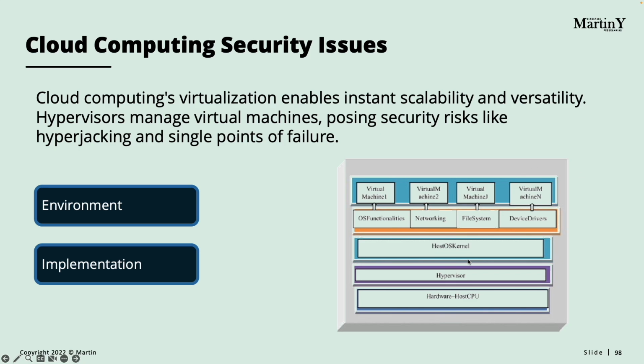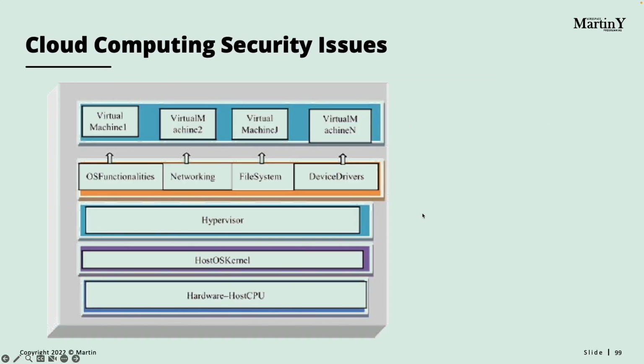As you can see, the hypervisor runs as part of the operating system, which is the native operating system, not the operating system of each individual machine. And the hypervisor runs at the same level as the file system, the device drivers, the network stack, the kernel even, and so on.